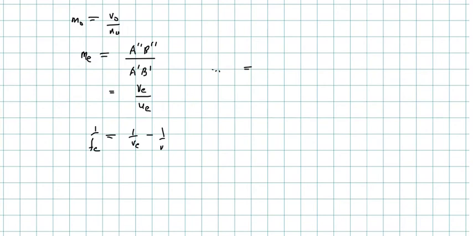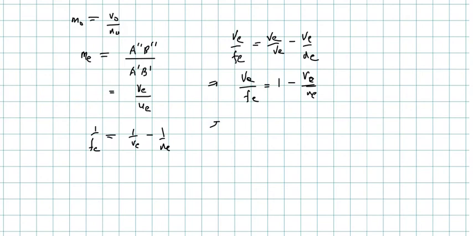Again we multiply it as usual, we know how to do it. So we multiply it by VE. So VE by FE is equal to VE by VE minus VE by UE. So this becomes 1. So VE by FE equals 1 minus VE by UE. Then VE by UE equals 1 minus VE by FE.